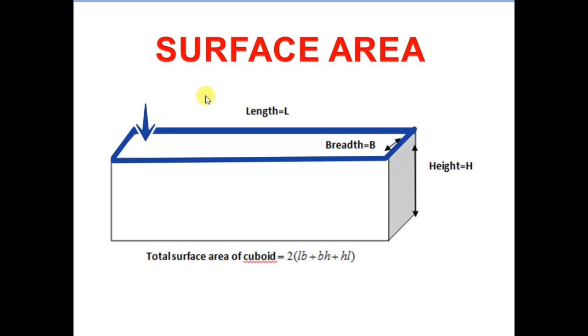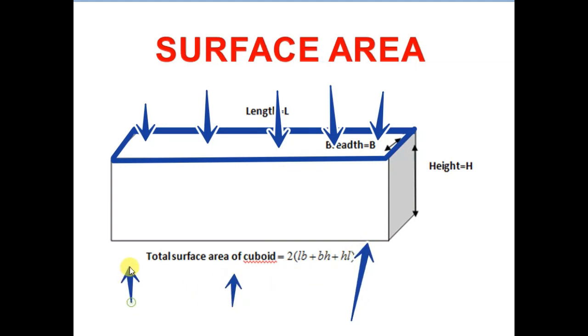Similarly, the same thing will be below, so even below you will get the same area. So the length into breadth into 2. So here it becomes L into B into 2.